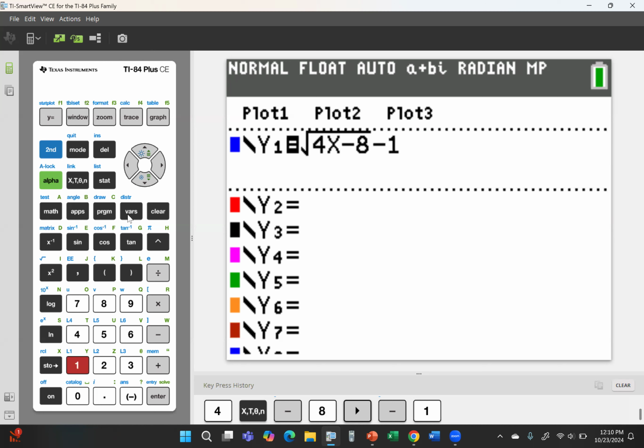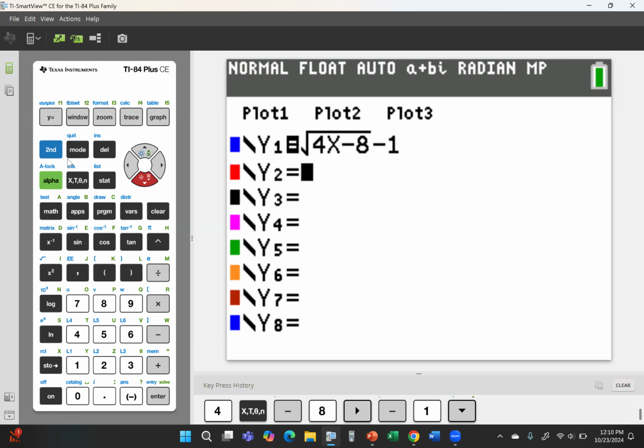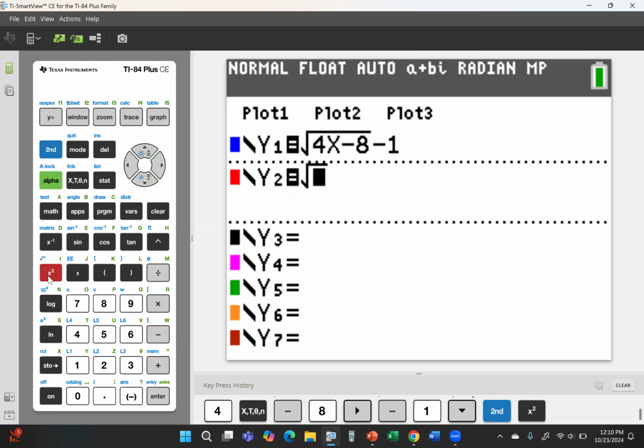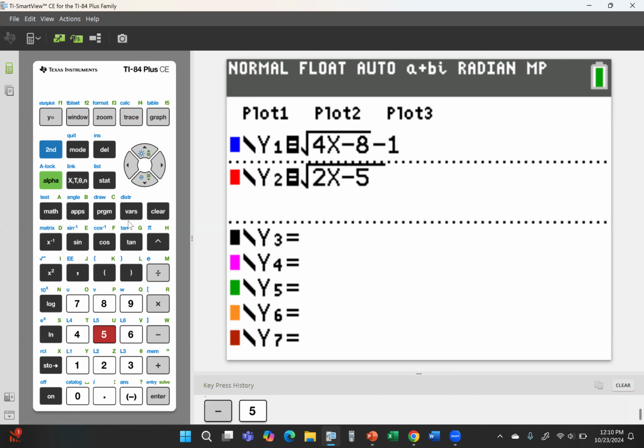So that's the left-hand side of the equation. What was the right-hand side? Was it the square root of 2x minus 5? Look good to you?